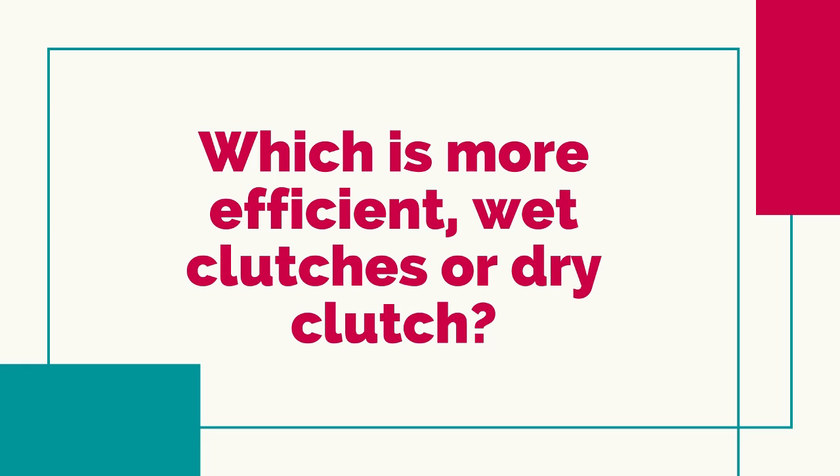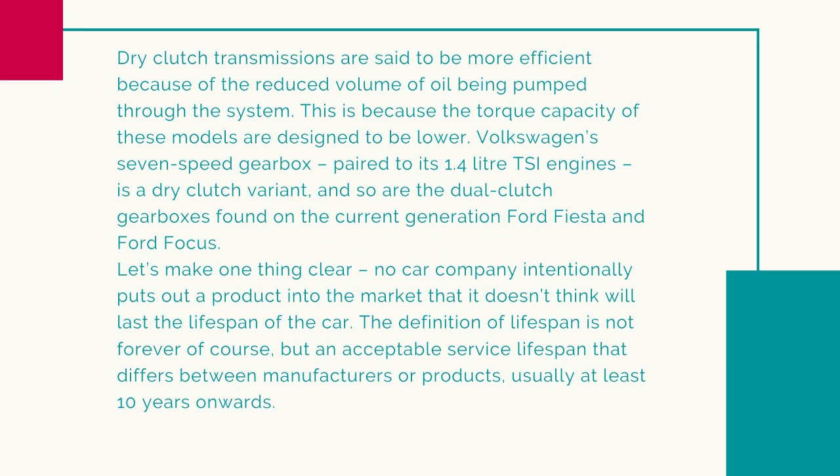So the next one, which is more efficient, wet clutches or dry clutches? In my opinion, dry clutch transmissions are said to be more efficient because of the reduced volume of oil being pumped through the system.